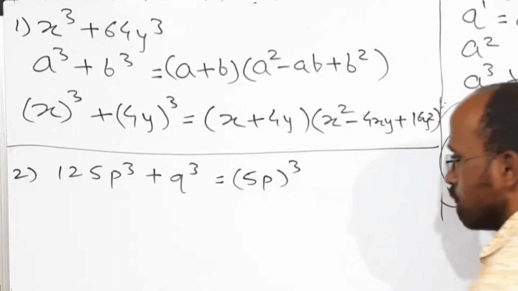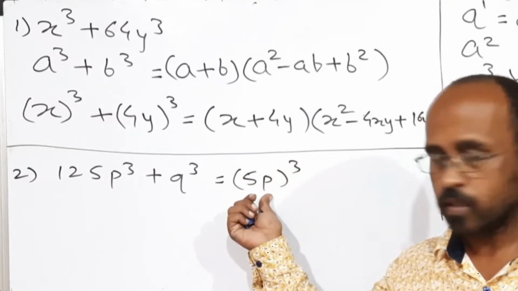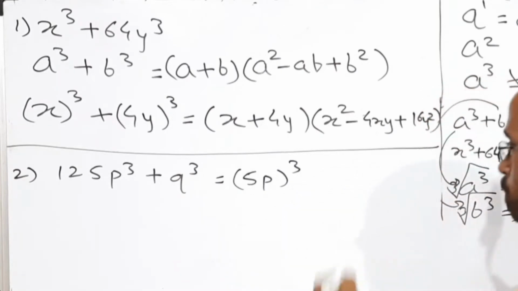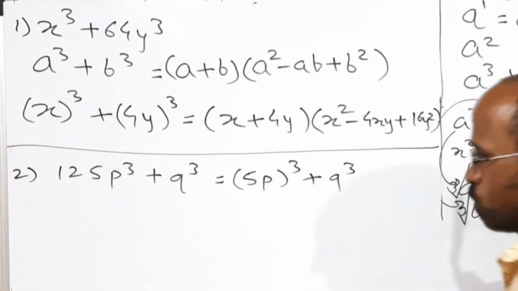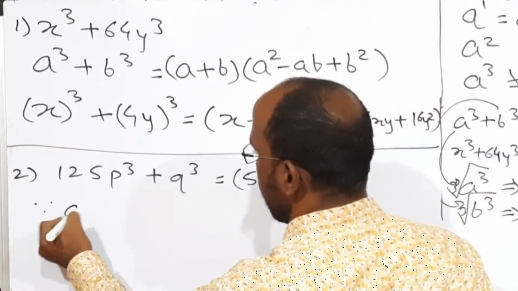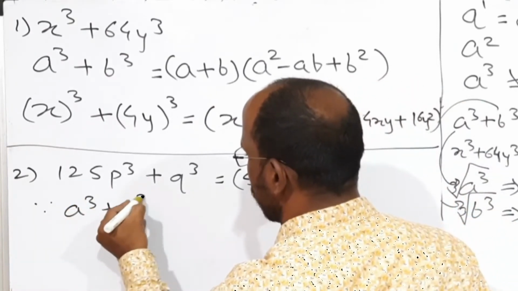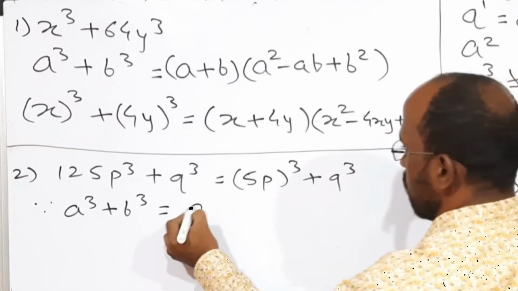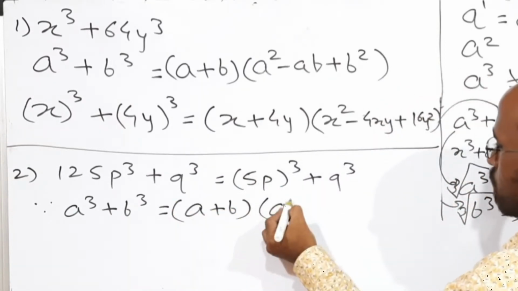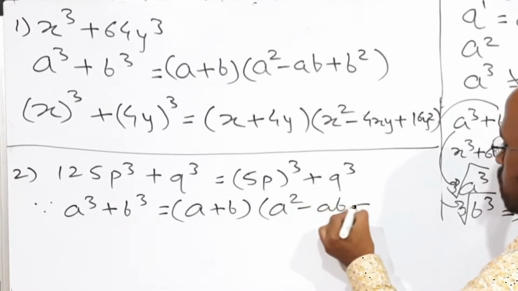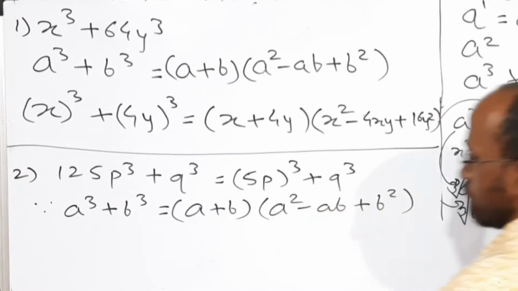And q cube is the cube of q, right? Now we know a cube plus b cube is equal to a plus b in the first bracket, multiplied by a square minus ab plus b square in the second bracket.